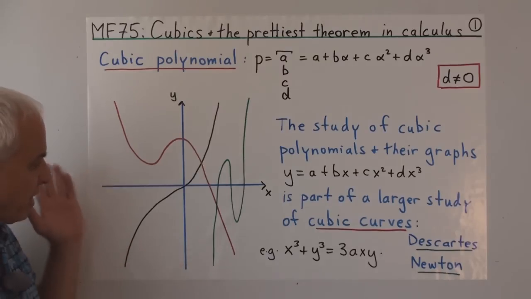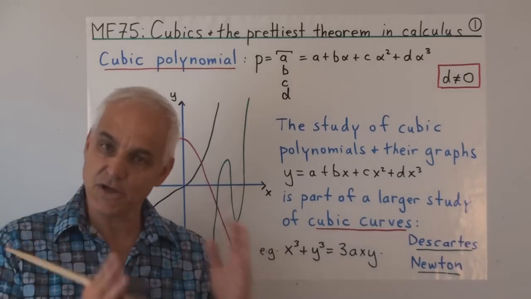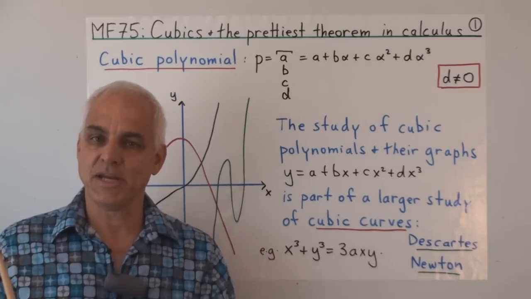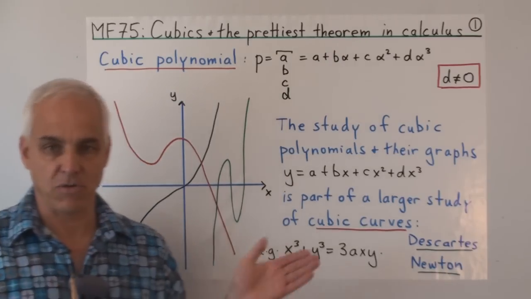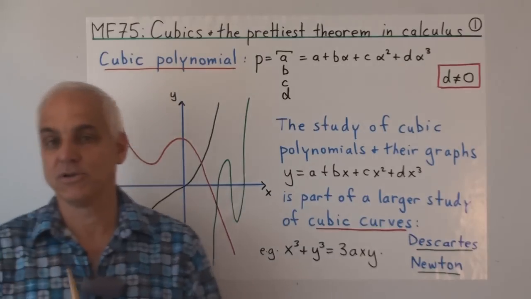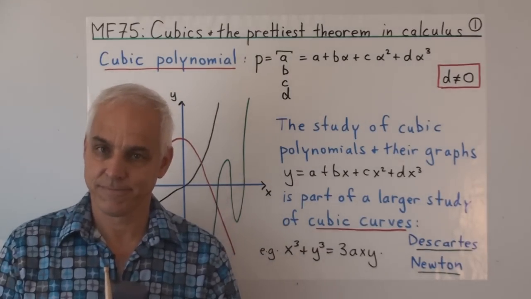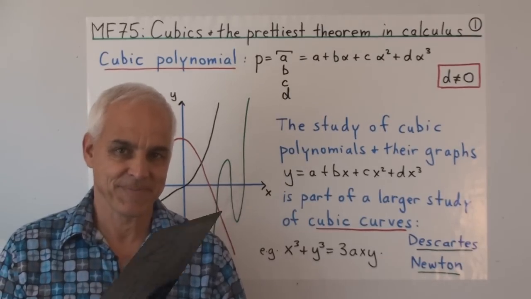So our strategy is to review calculus in this elementary setting in the context of cubic polynomials. So you'll see exactly the steps that we need to go through to establish the foundations of calculus for cubic polynomials, and then we'll be able to state and prove this most pretty theorem. In fact, we'll be able to do that all on one page.